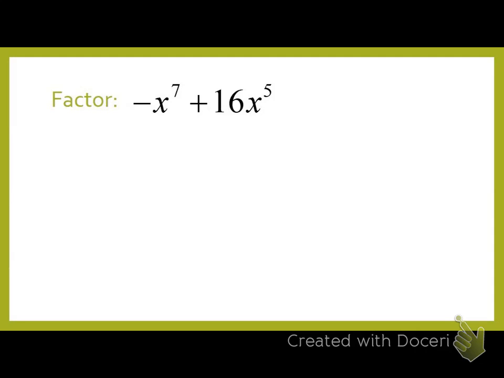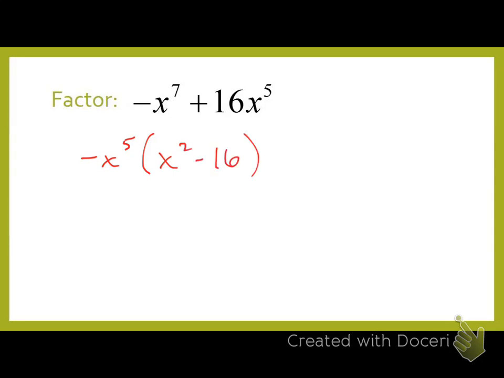Okay? Next guy. Look at this, and you can see that we have a GCF of a negative x to the fifth. That lead coefficient is a negative 1, so I want to take a negative 1 with the x to the fifth. They have 5 x's in common. If you were to divide both of those two terms by negative x to the fifth, you'd get x squared minus 16.